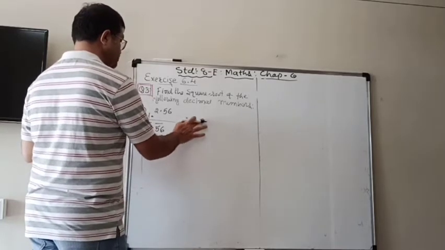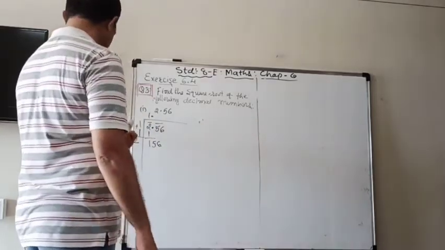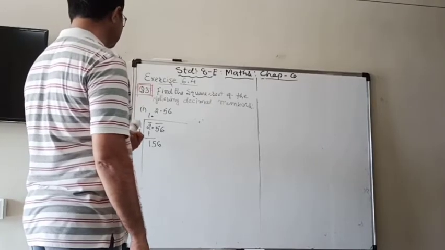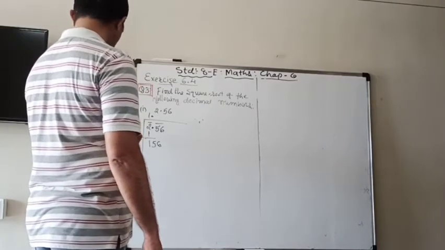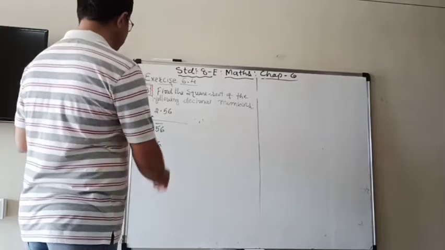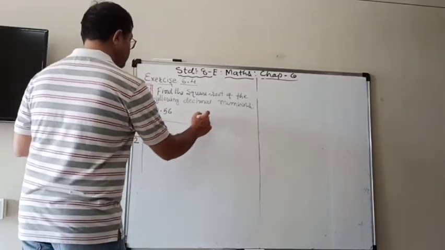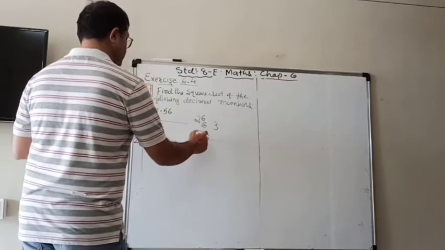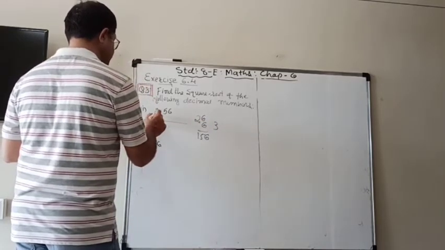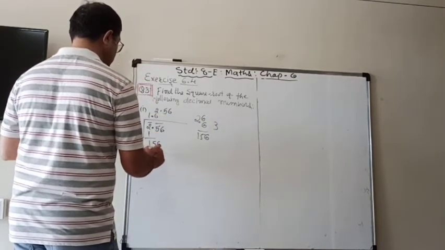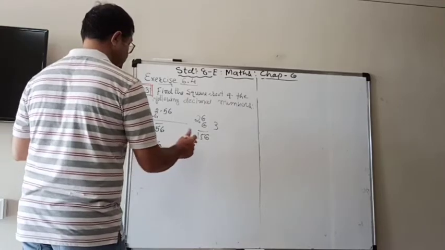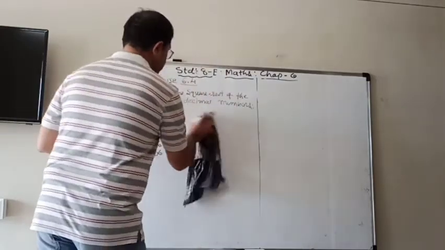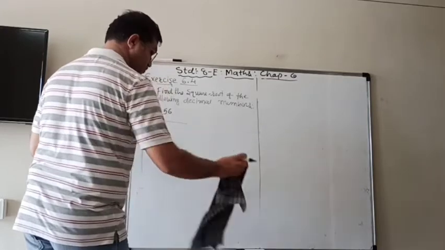So what can we take now? You can take 6. 26 sixes are 156. And therefore your remainder is 0 here.